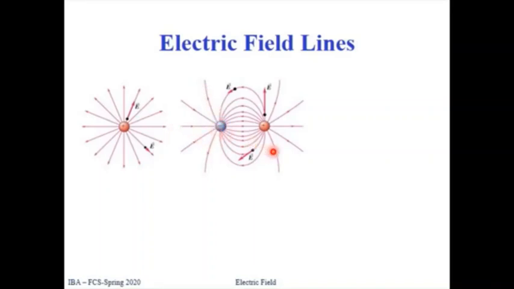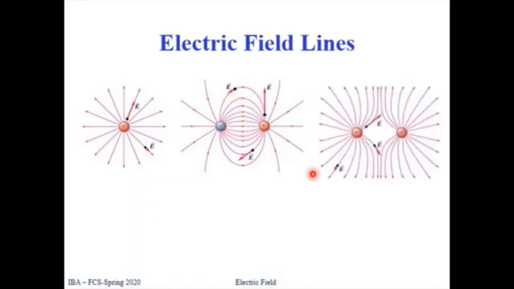So when we bring a positive charge and a negative charge towards each other, all lines of force evolving from the positive charge sink into the negative charge. Previously the lines of force were uniformly distributed around the positive charge, but in this case the lines of force are modified because of the sink charge.